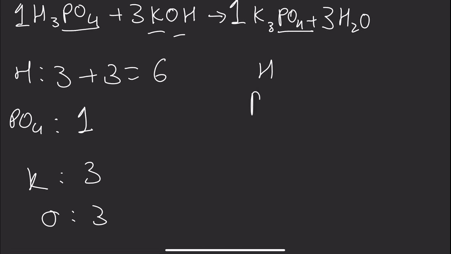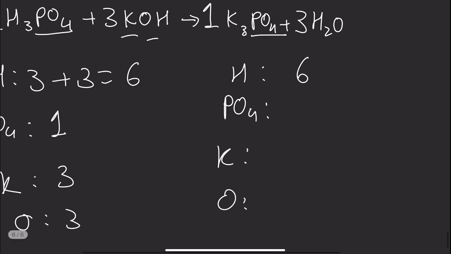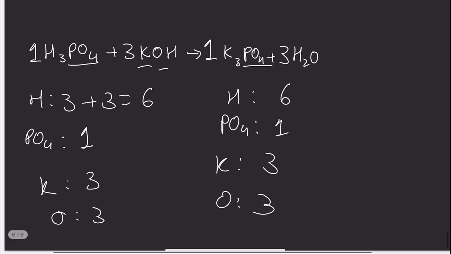Let's set up like the one before, and let's count. There's 6 H's, 2 times 3, 6, 1 PO4, 3 K, and 3 O. So this is correct.